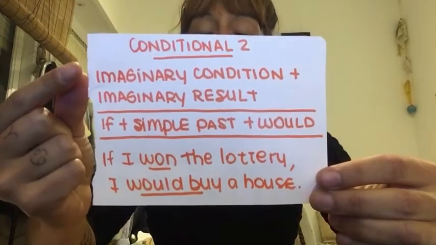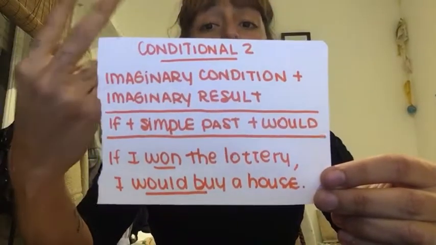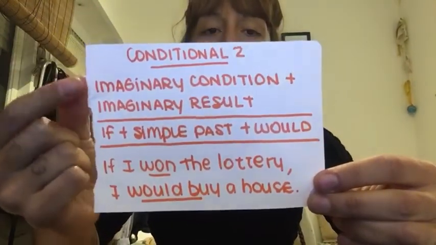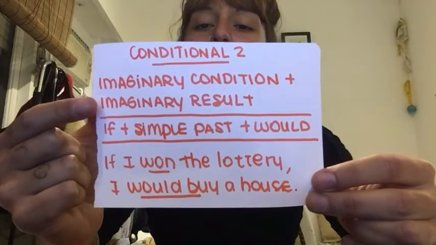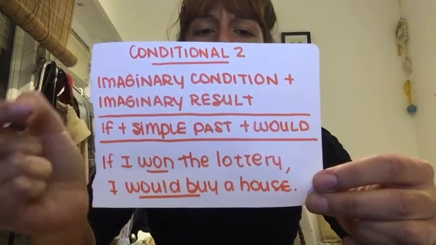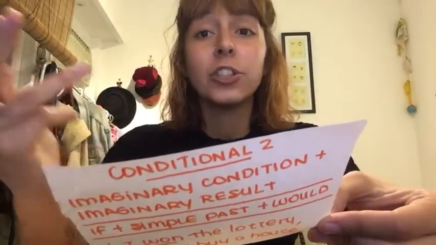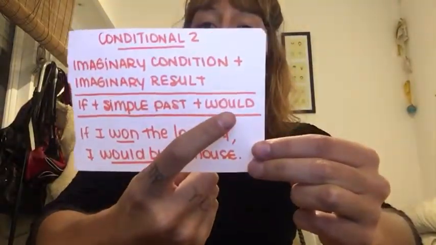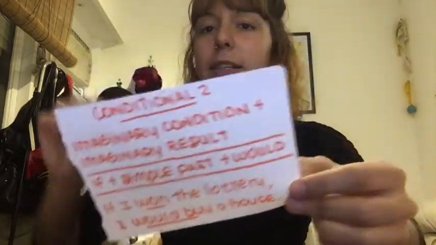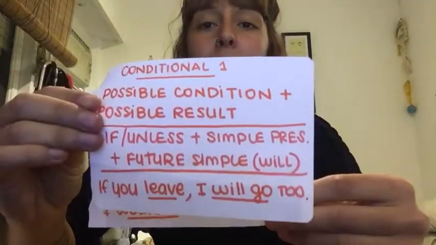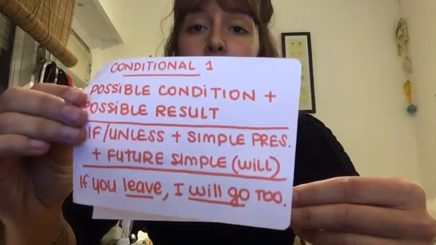So the conditional two is going to be composed by two parts, an imaginary condition and an imaginary result. So we're going to use if plus the simple past, because this is imaginary and that is what English does, and would, which is the past of will. So, fíjense que si era muy probable, usábamos presente y will.